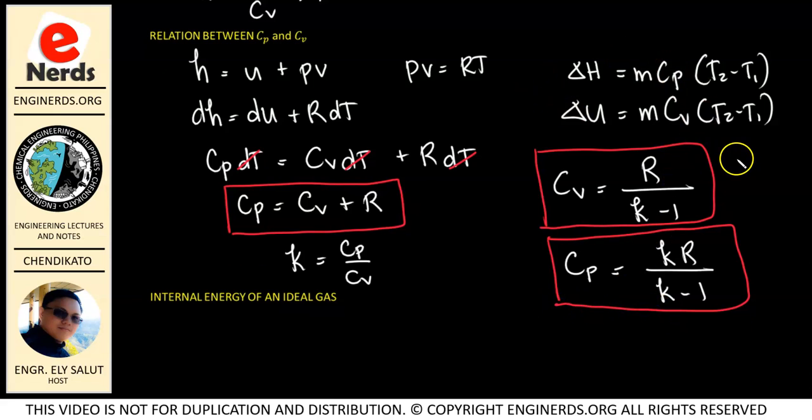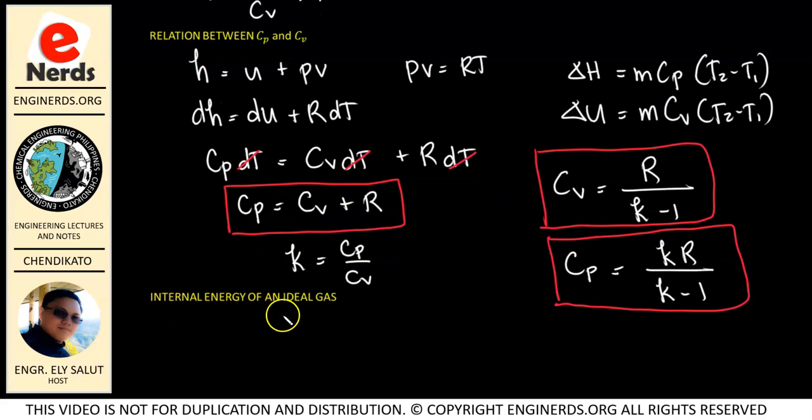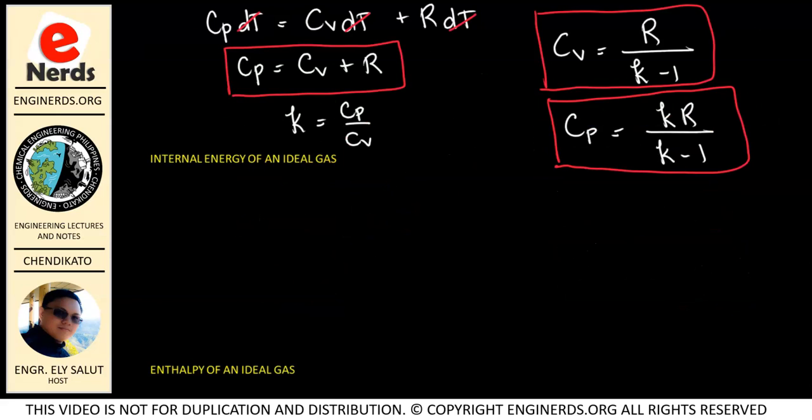So we have to take note of all this. Now, what we skipped earlier, how did we get that? The internal energy of an ideal gas, delta U. We take this first because we are looking for internal energy of an ideal gas, at constant volume process. So let's say we have a constant volume process.